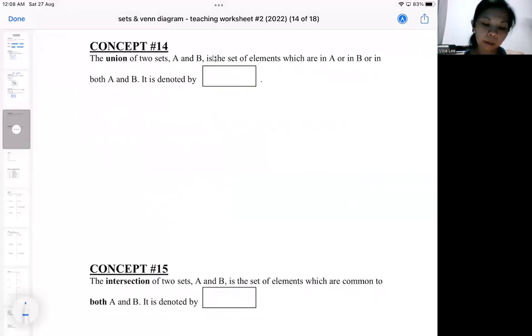These two concepts are the ones that are a bit confusing to some students. In concept 14, we talk about union. The symbol is like a letter U. When we say we want to union, you may want to think about combining all elements.